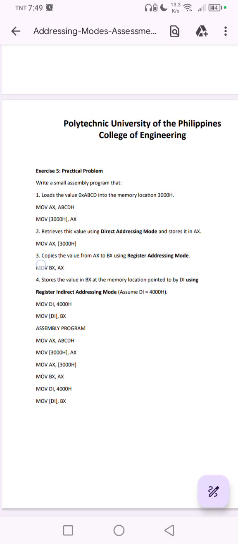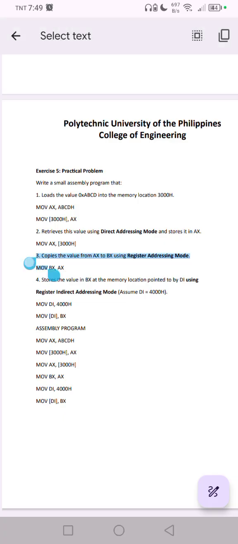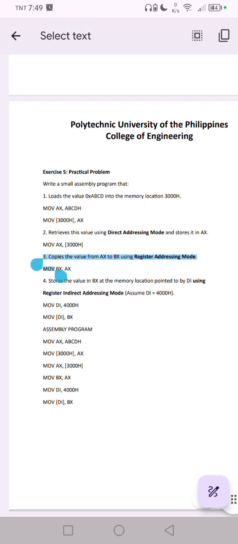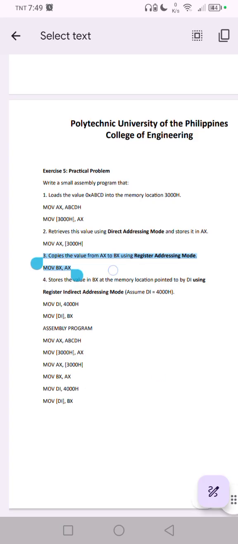So 3. Copy the value of AX to BX using register addressing mode. We are going to write MOV BX, AX so that this operation copies the value from AX to BX, demonstrating register addressing.